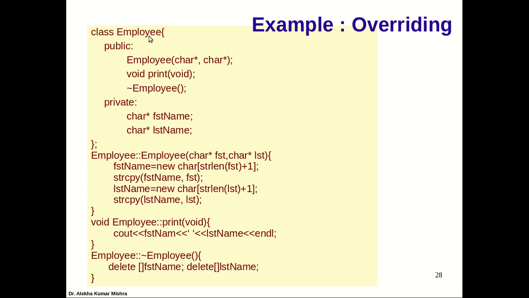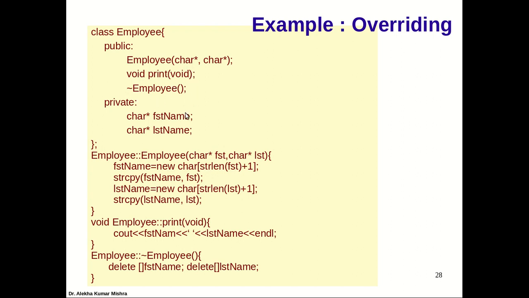We have the class Employee, and we can see a parameterized constructor with two parameters. We have already defined the private members, the first name and the last name. We print the data, and we have a destructor.